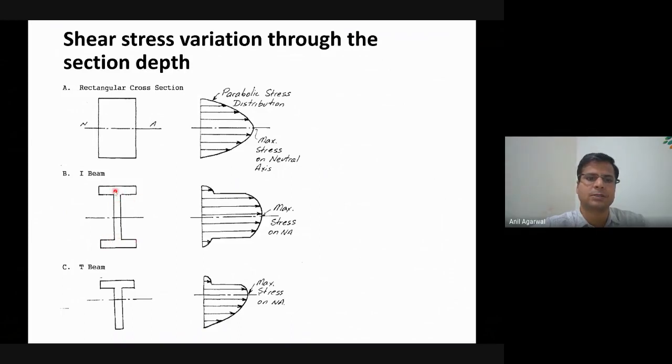Just take the two flanges shown here and here, and calculate the moment capacity of the cross section that is made of these two flanges only. Okay, and for that cross section, you calculate the Mp value or My value depending on whether the cross section qualifies as a semi-compact section or it qualifies as a plastic or compact section. So if it qualifies as a plastic or compact section, you will take the Mp value of these two flanges, and from that Mp value, you will calculate the capacity.